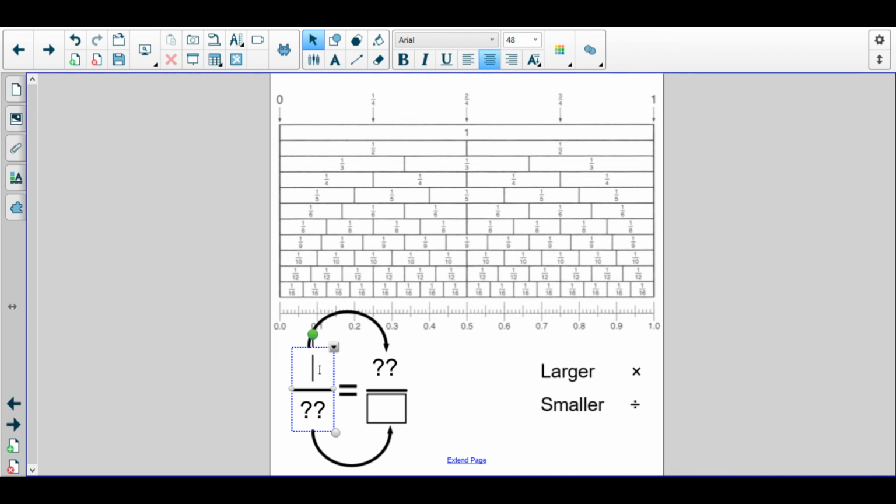Let's say I've got, we'll start off easy and say, 1/3 is equal to 4/9. Is this statement true?